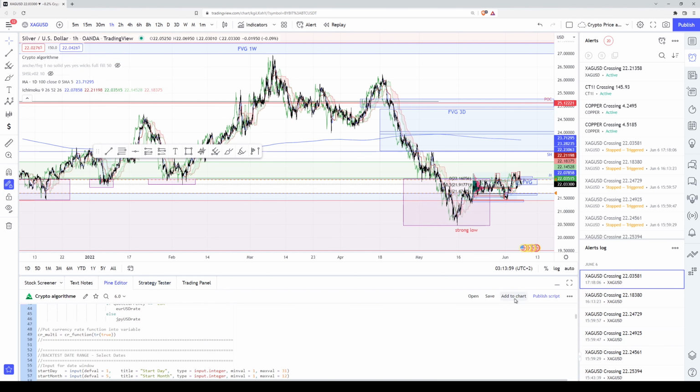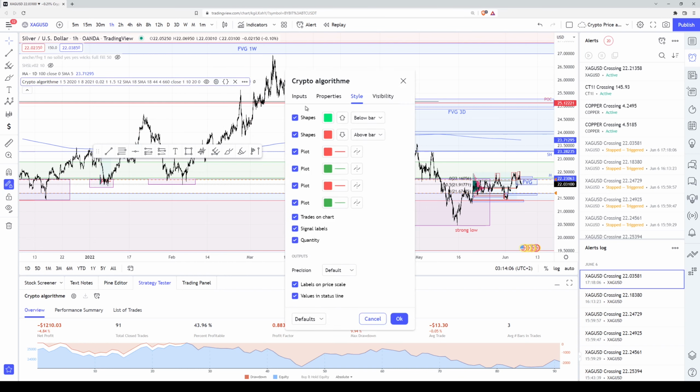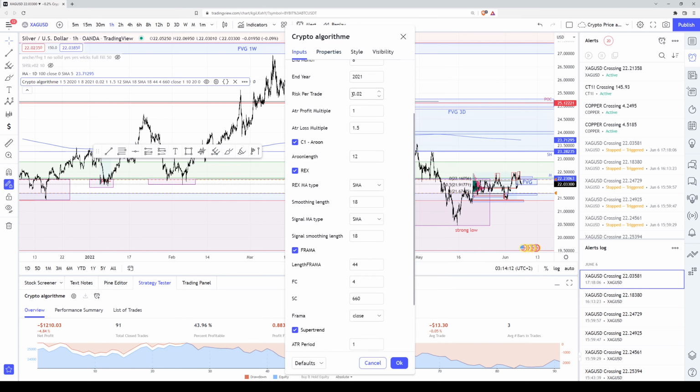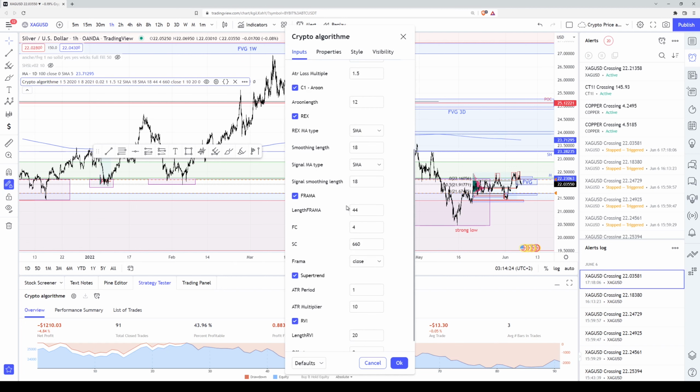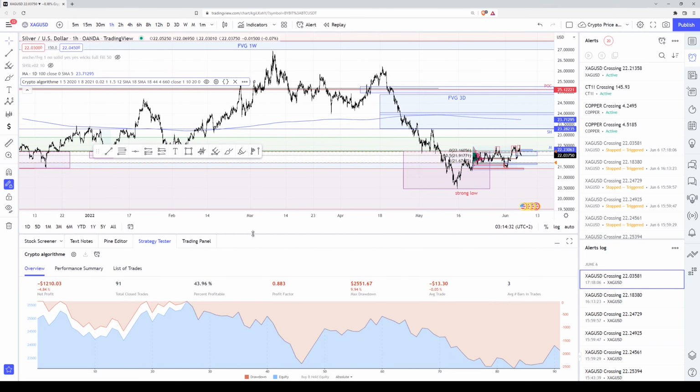So I can, for example, use this one. This is not about Ichimoku. This is another algorithm for cryptocurrencies that I made. And in that way, you can see, you can fill in specific inputs. So what indicator parameters are used. So the smoothing length of the Rex indicator, the fractional adaptive moving average parameters, and all those things are able to be changed accordingly, just to have an ideal strategy, given that there is enough data, of course.